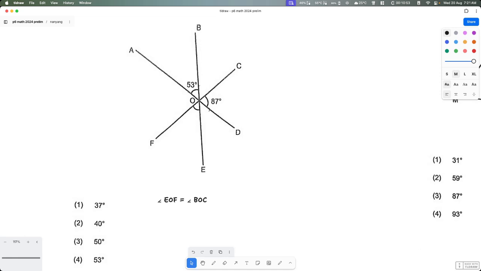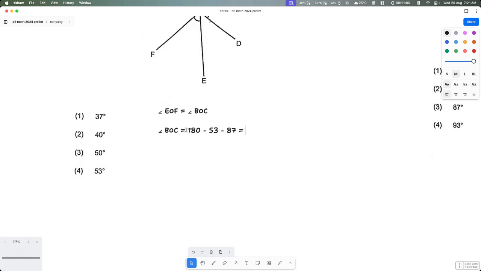So that means angle BOC is equal to 180 minus 53 minus 87. So 53 plus 87: 3 plus 7 is 10, and 5 plus 8 is 13, so 140. 180 minus 140 is equal to 40.